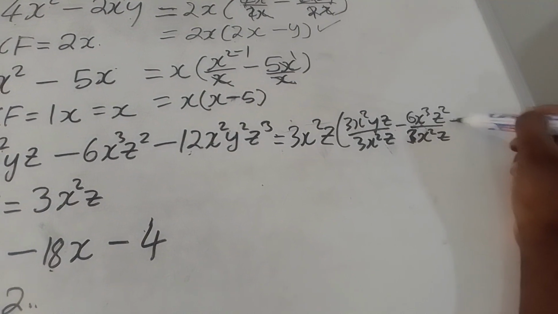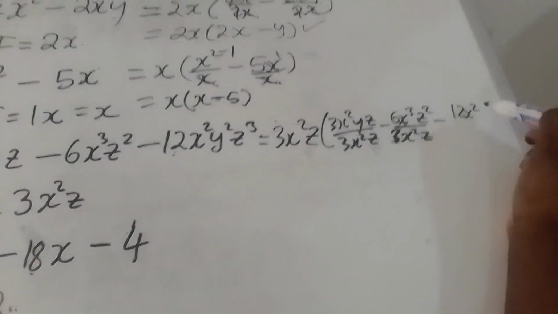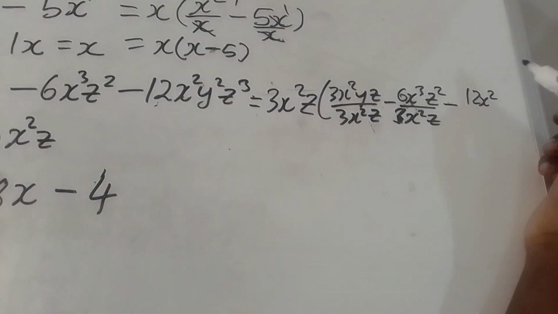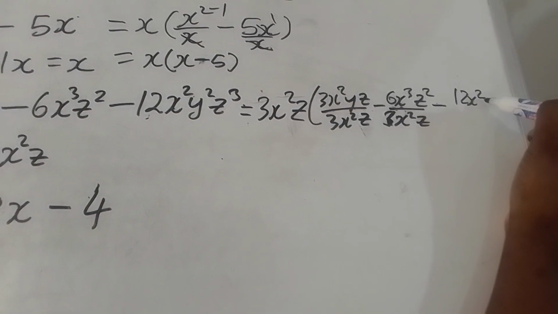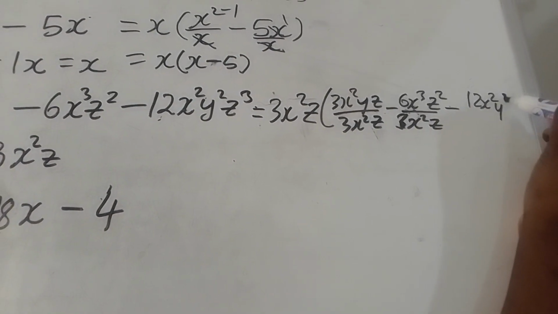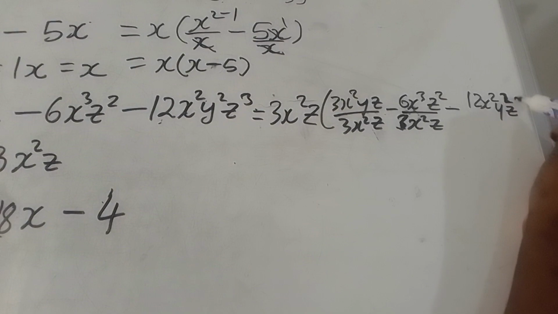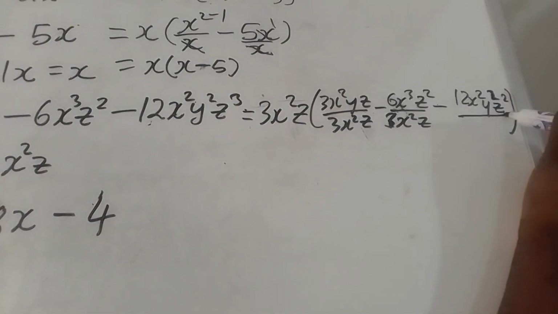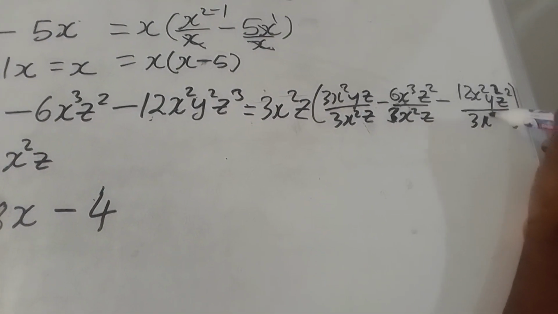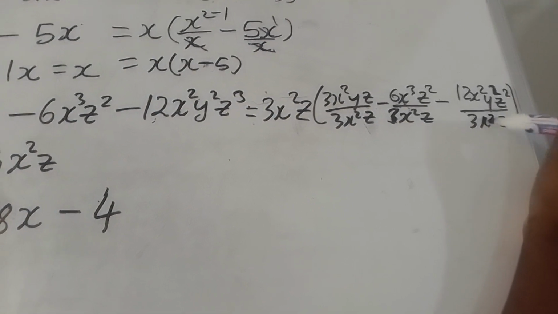Then the last term is negative 12x squared y squared z squared divided by 3x squared z.